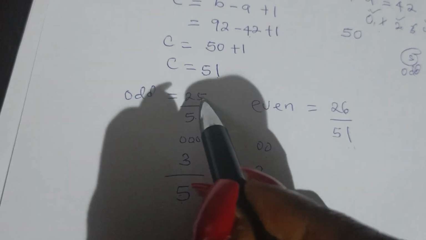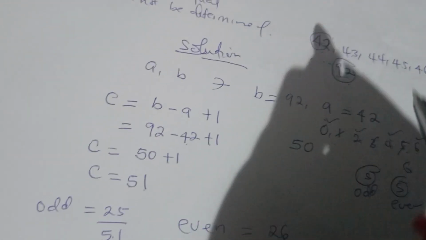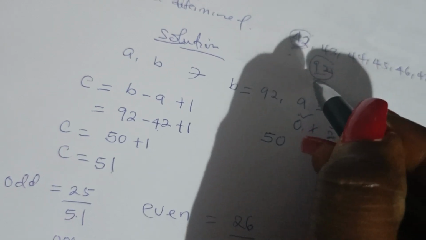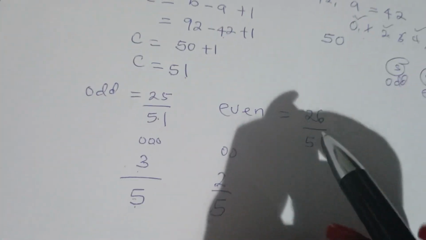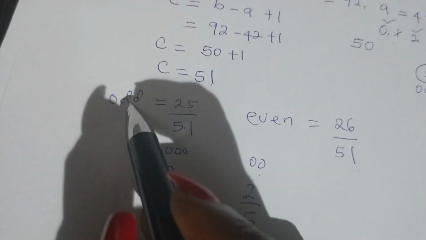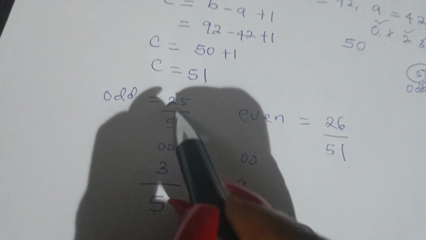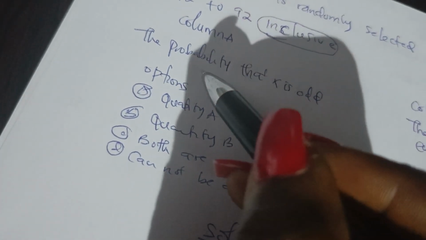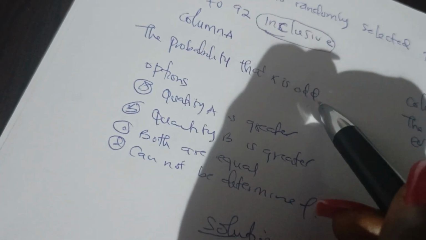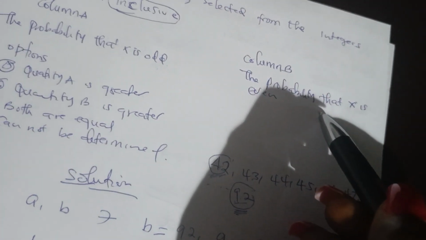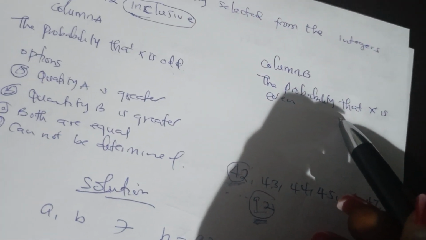Odd takes 25, even takes 26. As a result of this explanation, we started with even, we ended with even. So since the quantity shared to even is bigger than the quantity shared to odd, column A, the probability that x is odd, is smaller than column B, the probability that x is even.